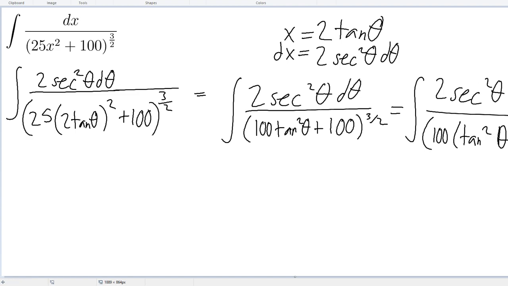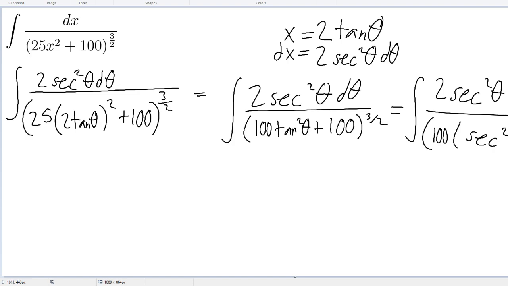Tangent square plus 1 is secant square. So this is all literally secant square theta. Okay, so now what?